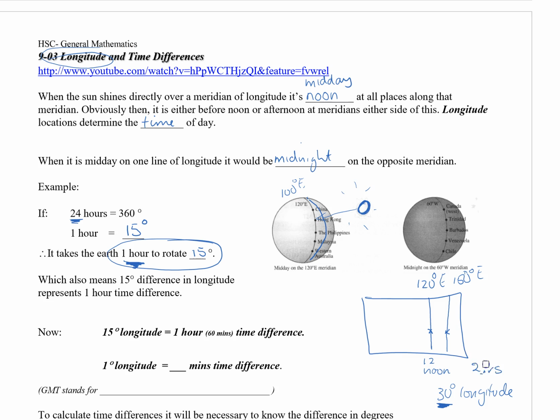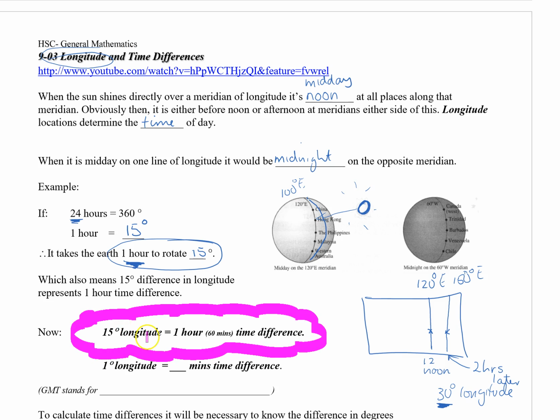And actually, those of you that have travelled from the east coast to the west coast would know that Sydney is 2 hours ahead of Perth and places in Western Australia. So the important thing is every 15 degrees longitude is equivalent to 1 hour time difference.